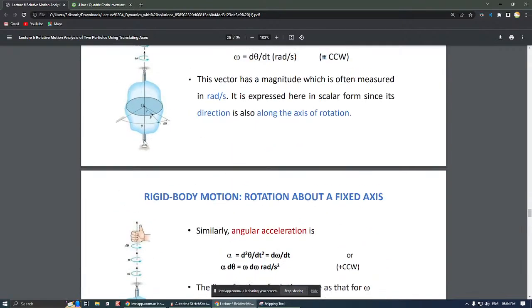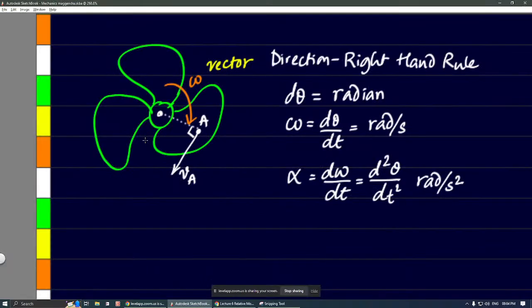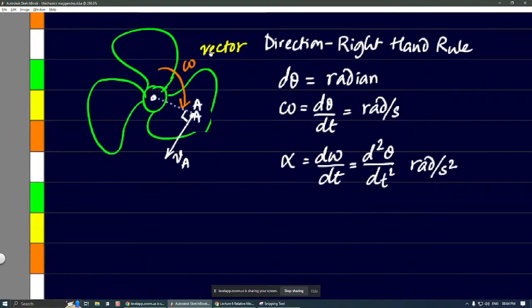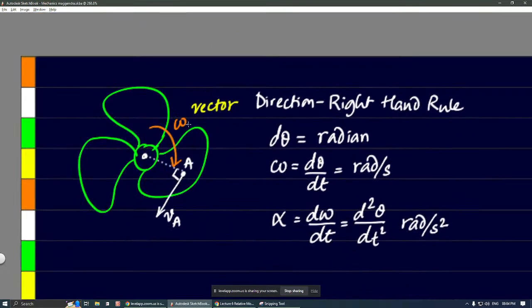But suppose omega is in this direction, but omega is decreasing. First let us find the direction of omega. Omega is towards us or away from us? Away from us. And if omega is decreasing, then what is the direction of alpha?